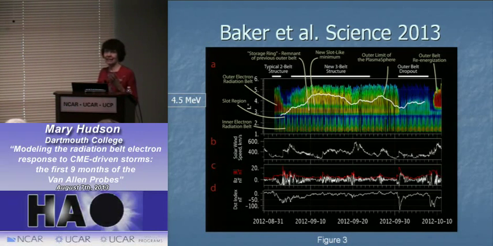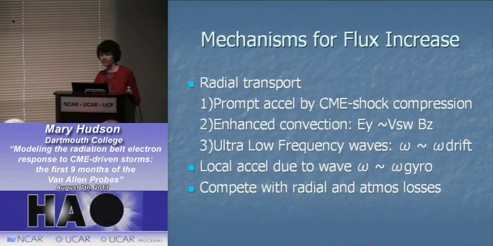And then bang, something pretty exciting happens, because you have a very rapid increase in the relativistic electron flux on a time scale of hours that completely replenishes and gets you back to ahead of where you were at the beginning of the month before any of these CME-driven storms occurred. So that's a pretty exciting story that the Van Allen Probes team is working on, explaining that rapid recovery in flux after you have essentially flushed the outer zone.